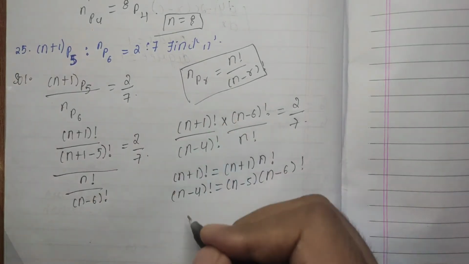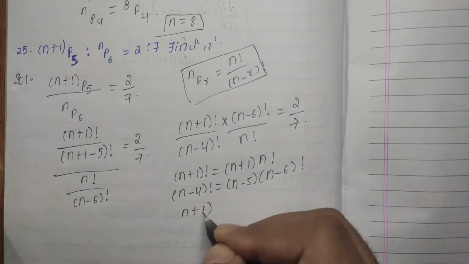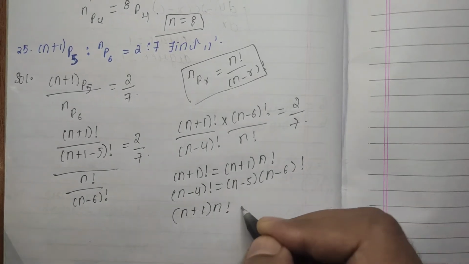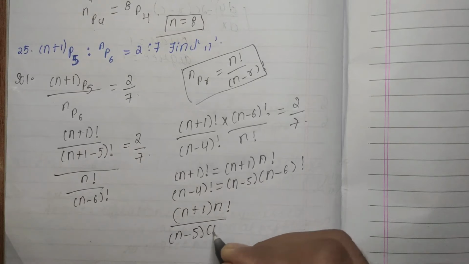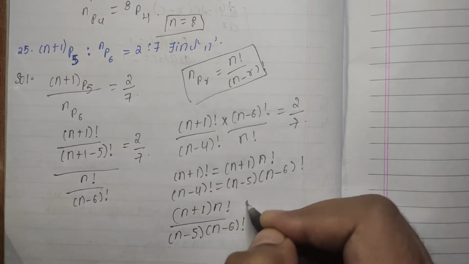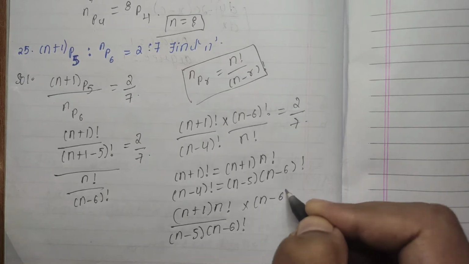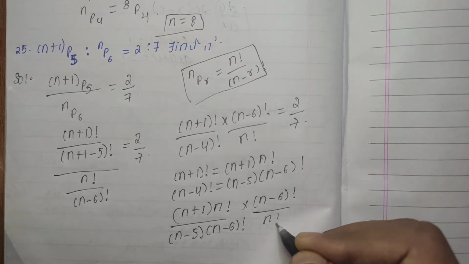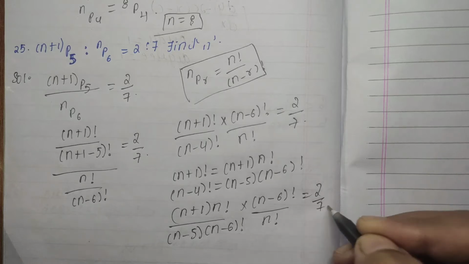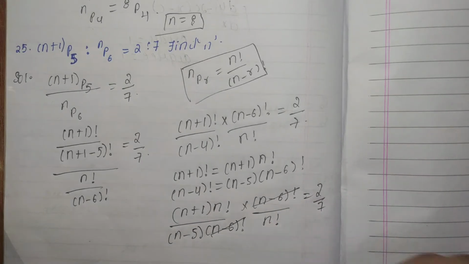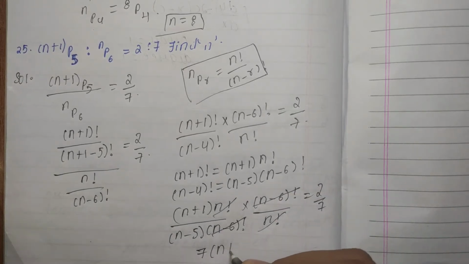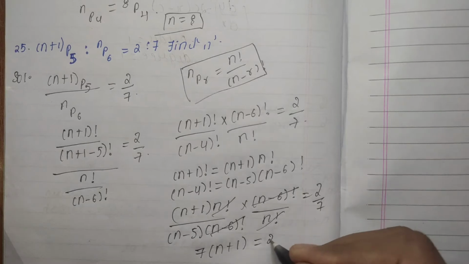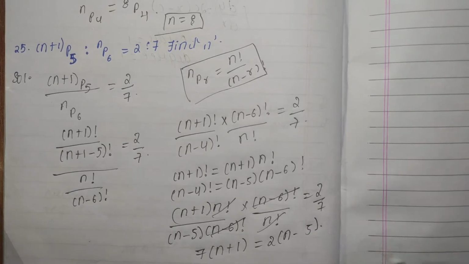So substitute the values. (n+1) into n factorial by (n minus 4) into (n minus 5) into (n minus 6) factorial into (n minus 6) factorial by n factorial equals 2 by 7. The (n minus 6) factorial and n factorial get cancelled. So cross multiply.